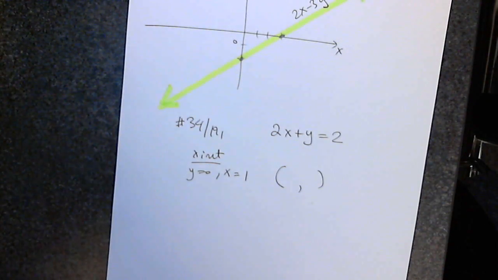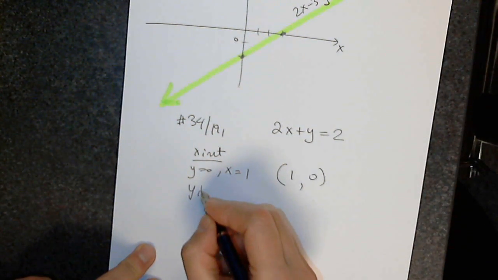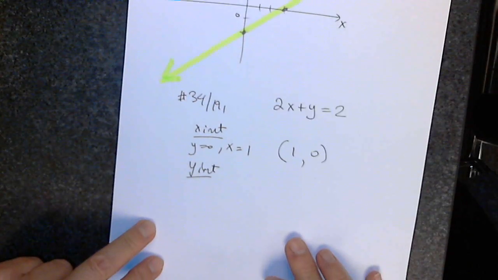Remember, x is always first, y is always second. 1, 0. Now the y-intercept, how do I find it?